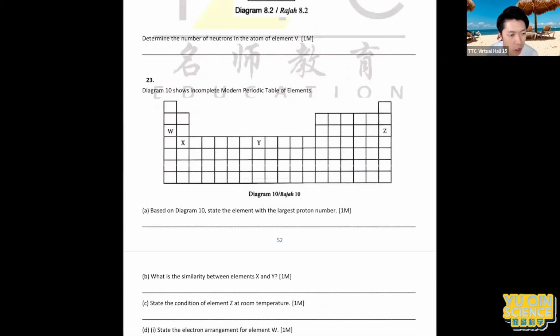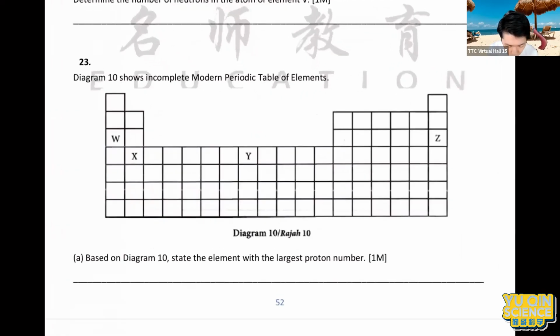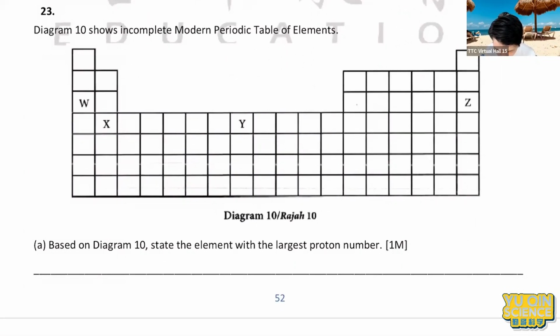Oh, gotcha. Page 52, question 23. Okay, this one you have to memorize also.